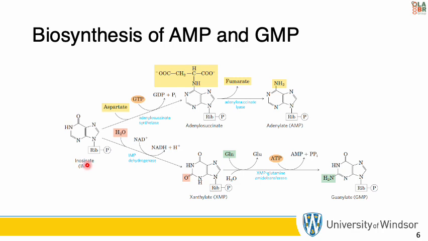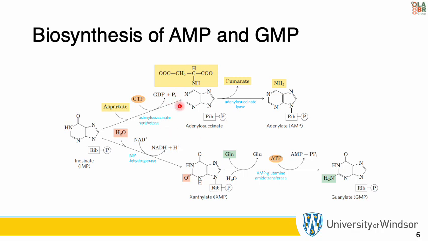So as we can see over here, we have IMP. We start off with aspartate donating its carbon skeletal backbone with that nitrogen right here. We have GTP coming in, donating, and you have GDP plus Pi leaving, and you end up with this intermediate right here, which is adenylosuccinate.